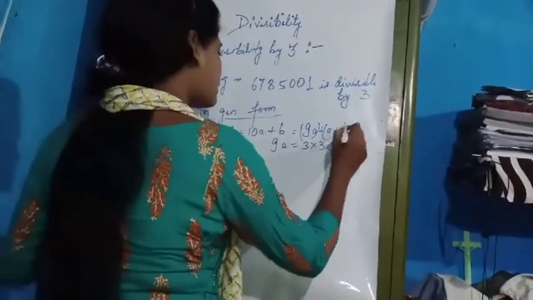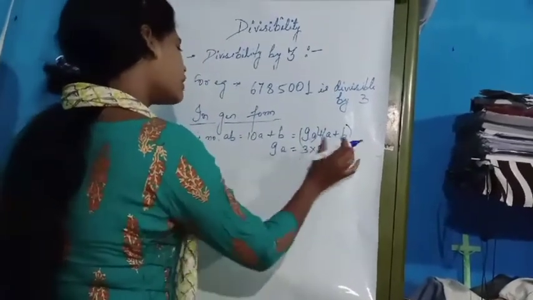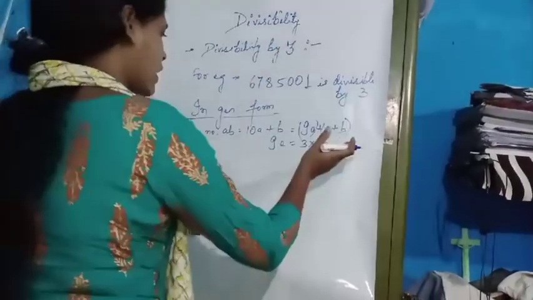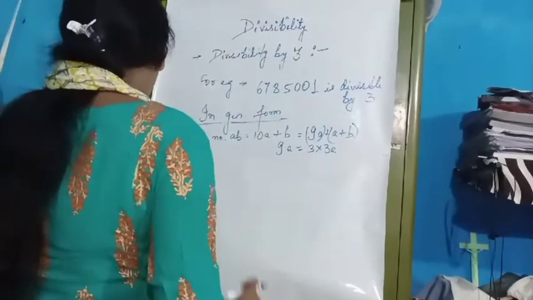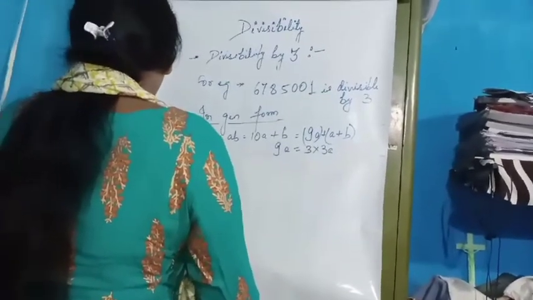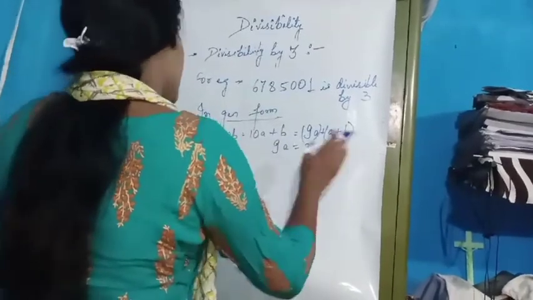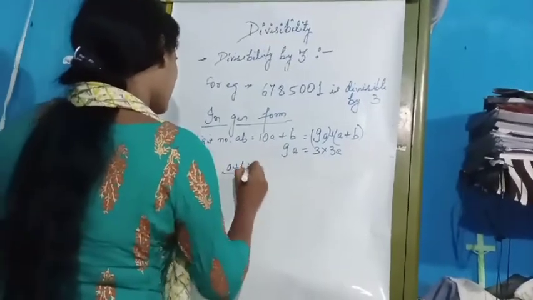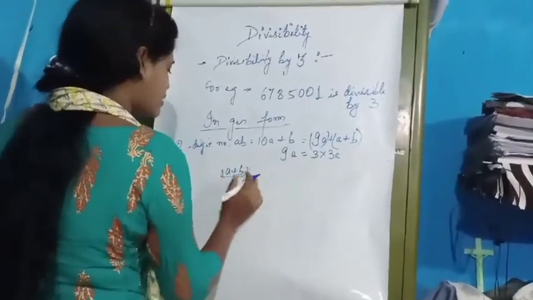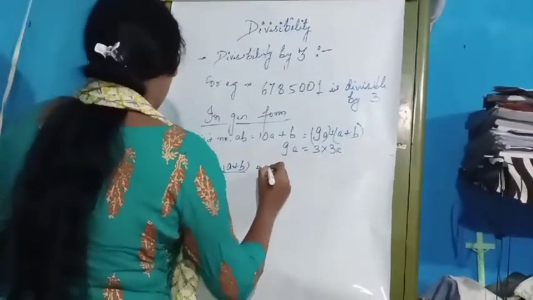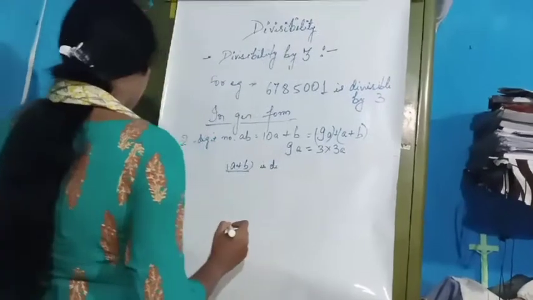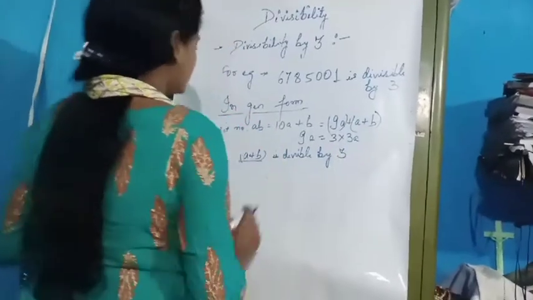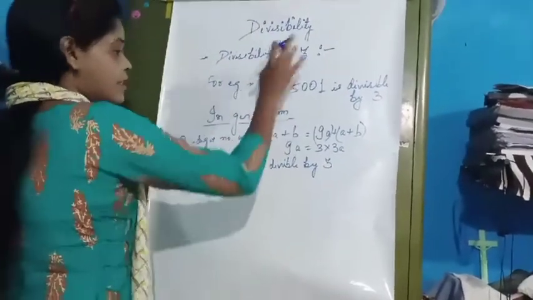So the number is divisible by 3 only when A plus B is divisible by 3. That is why we can say that if the sum of the digits is divisible by 3, then the 2-digit number is divisible by 3.